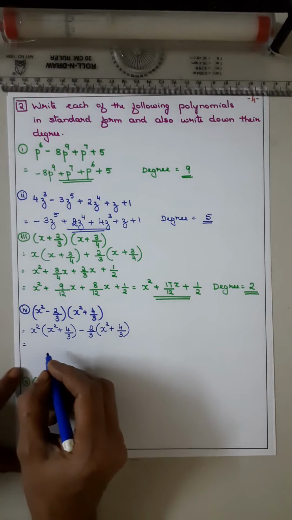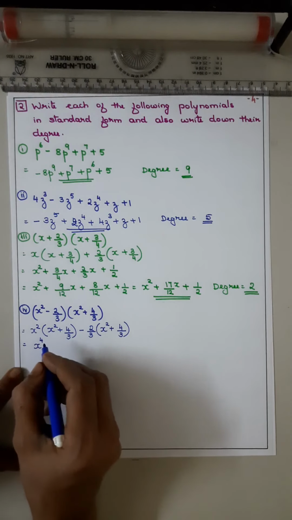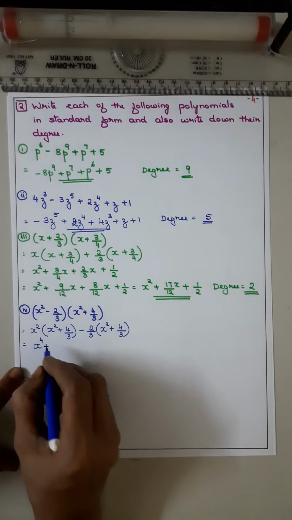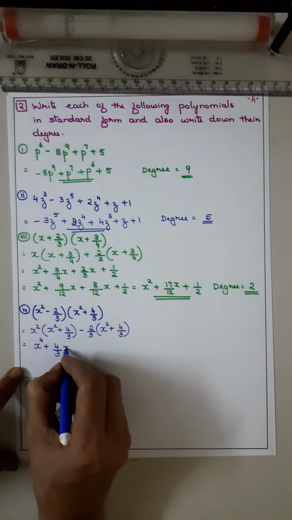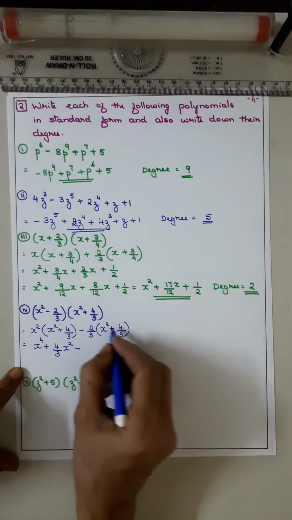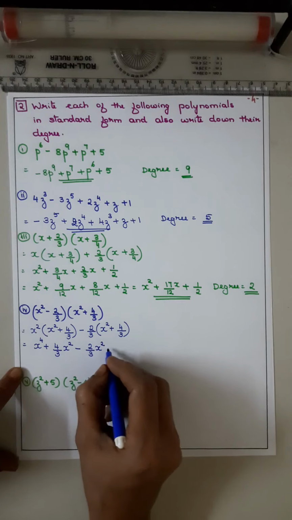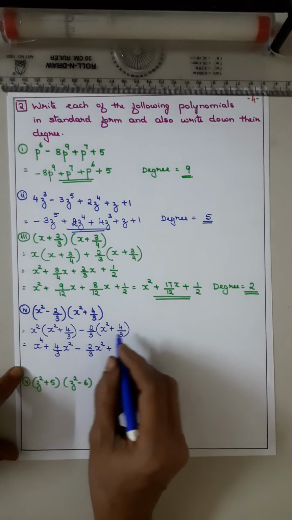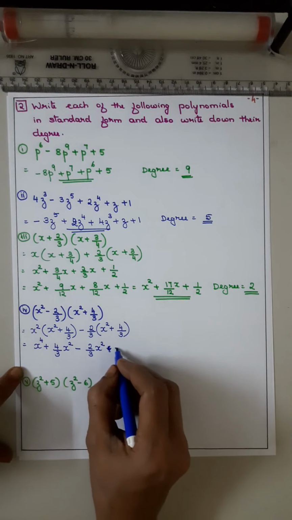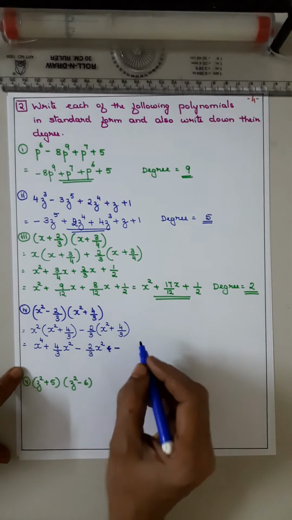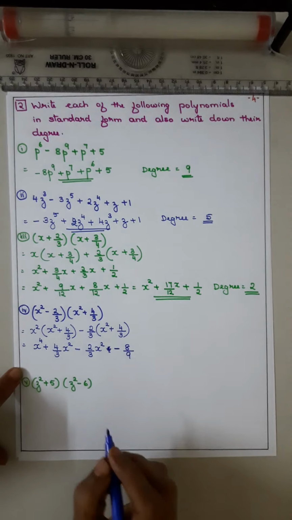Okay, it will be x squared becomes x to the power 4 plus this becomes 4 by 3 x squared, minus this becomes 2 by 3 x squared, plus, now there is no cancellation, sorry, minus plus minus, 2 fours are 8, 3 threes are 9.